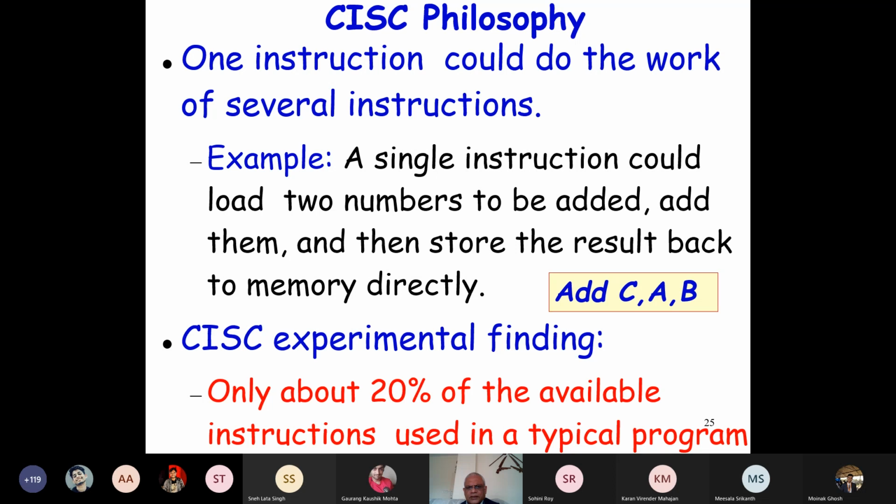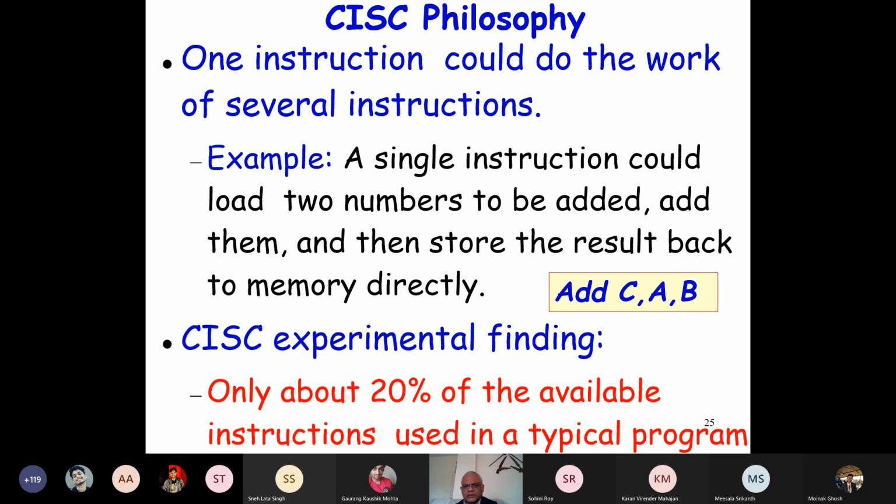That was the idea. But in 1984, they analyzed that you have these 2,000-3,000 instructions. In a typical program, how many of those instructions are used? A surprising result: only 20% of the instructions are used in a program. So if you have 1,000 types of instructions, only 200 are used to some extent.